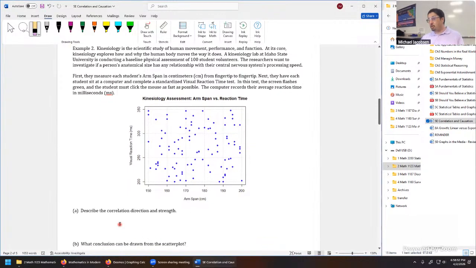So we want to describe the correlation, direction, and strength, but that's now a trick question. Once again, if you see something like this and you can't put a line that's either going up or going down that seems to fit the data, this is a graph of no correlation.